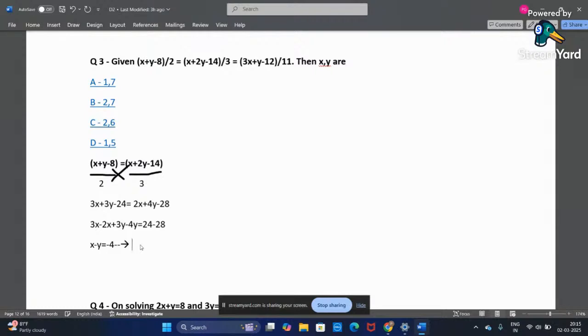Let's take this as equation A. Now we need to find the equation between this and this. Same way.